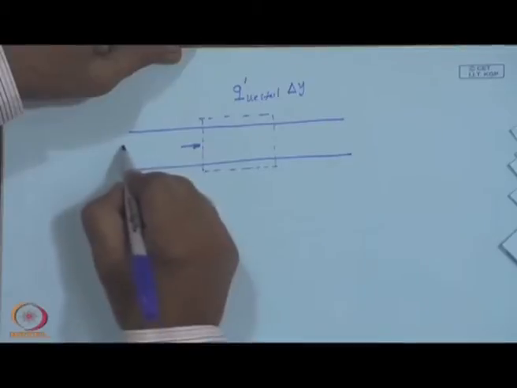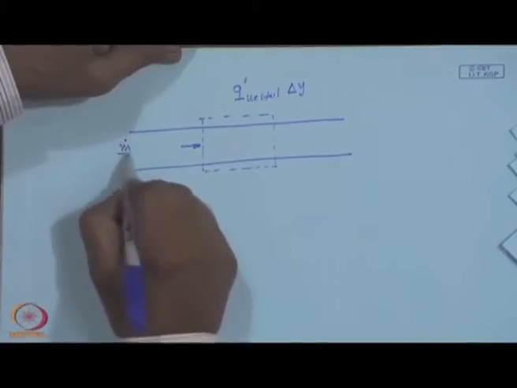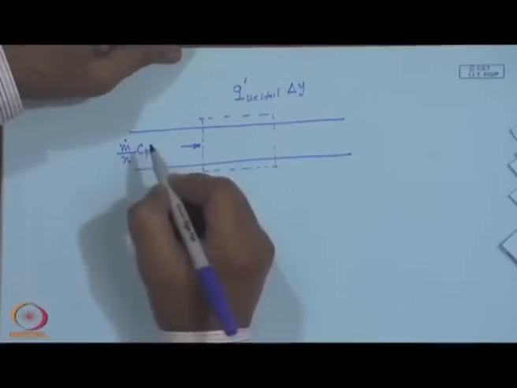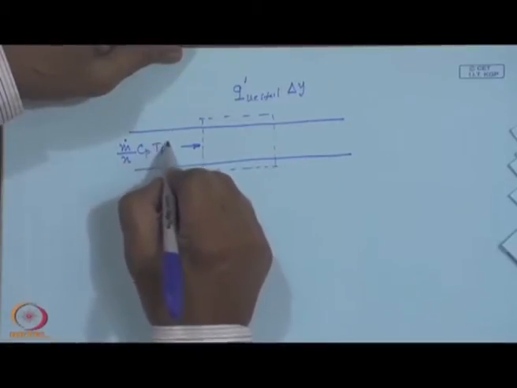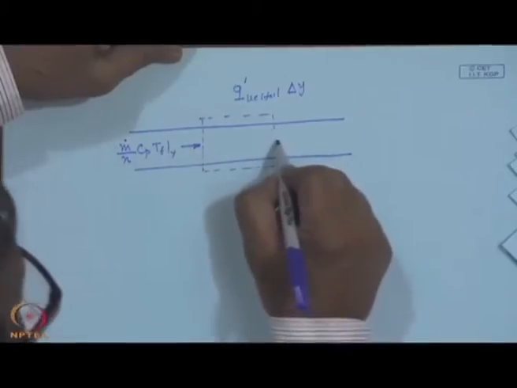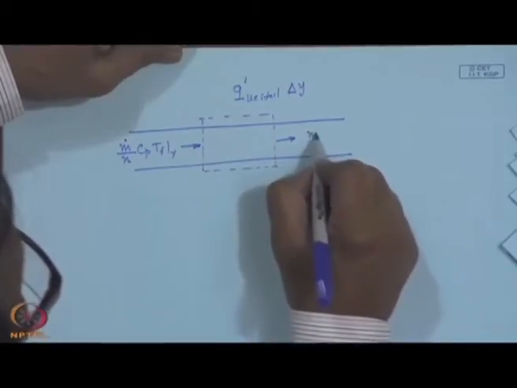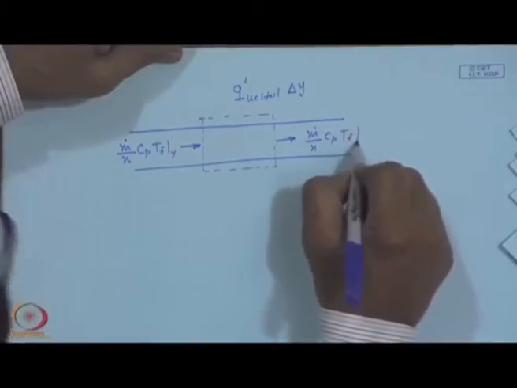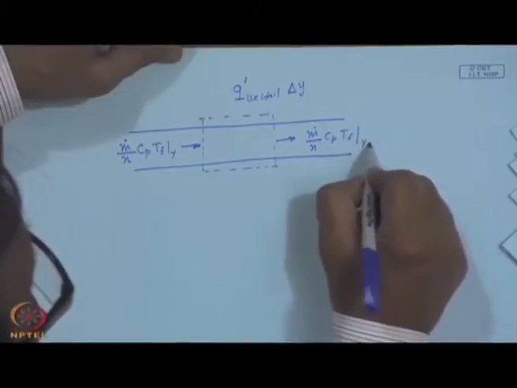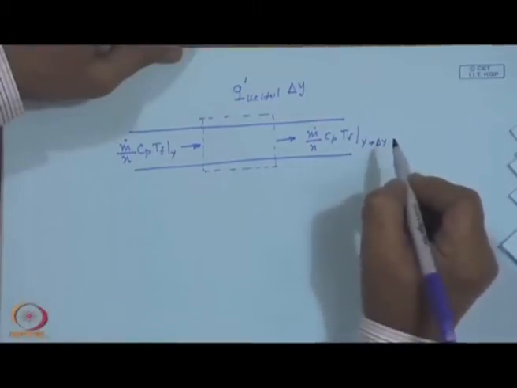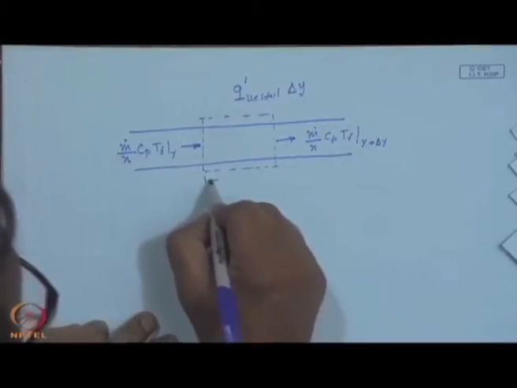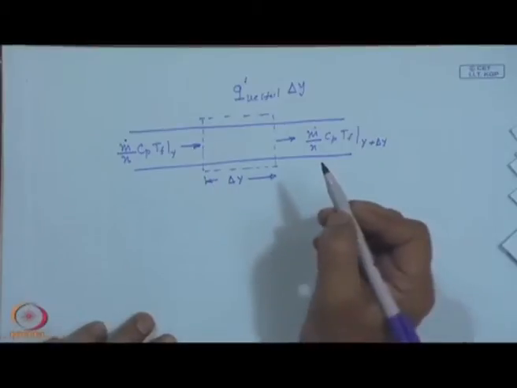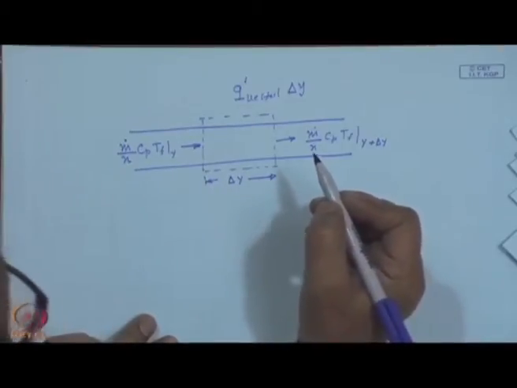What gets in is mass flow rate divided by the number of tubes multiplied by specific heat and the fluid temperature at y. What gets out is m dot by n C p and T f at y plus delta y, and this is the delta y elemental length in the direction of the flow inside the tube.